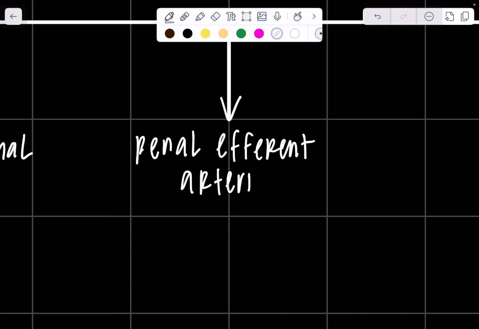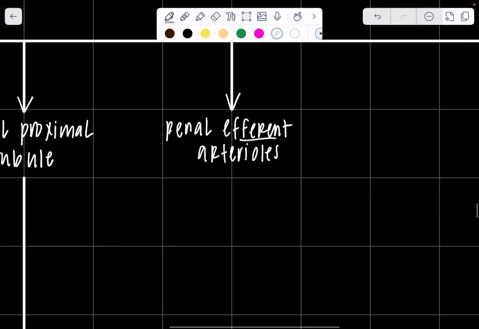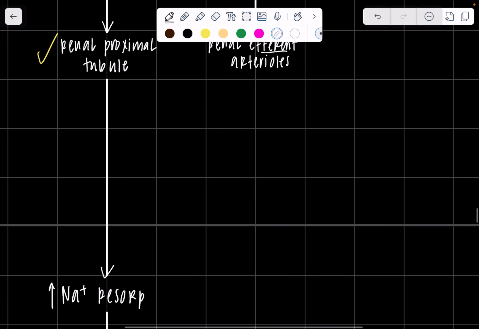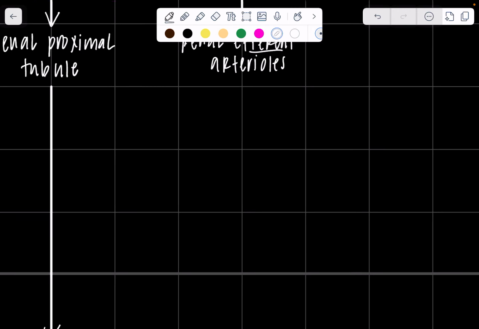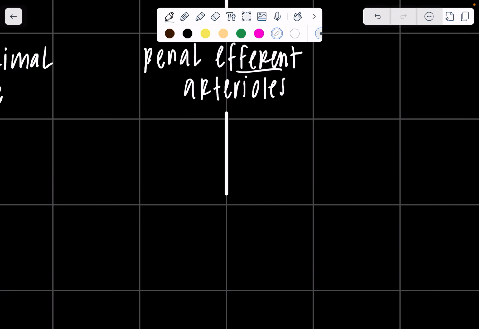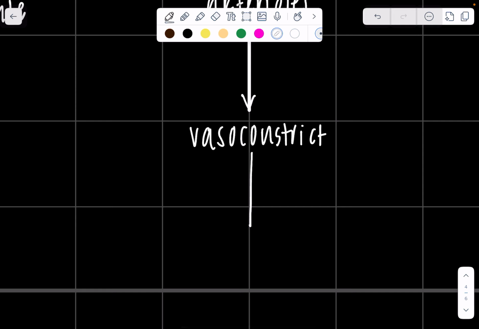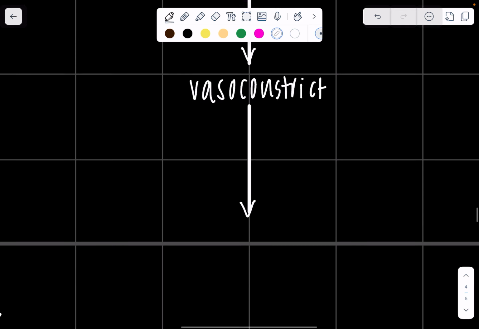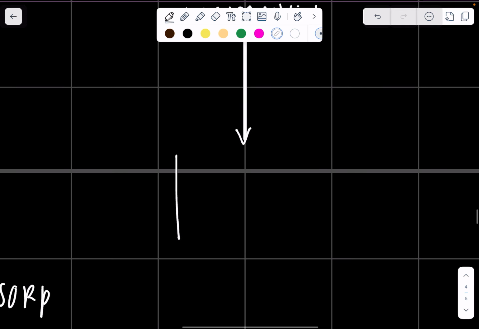So remember, because it has the word afferent in it, these are vessels that are carrying blood away from the kidney. So what it does here is it will cause vasoconstriction of those vessels. That vasoconstriction is going to cause the pressure to go up in that filtering unit.